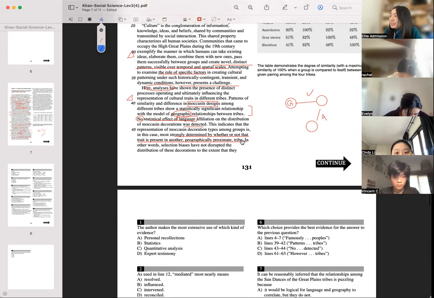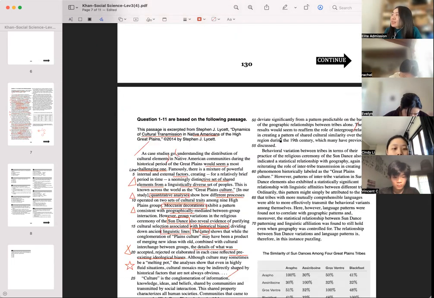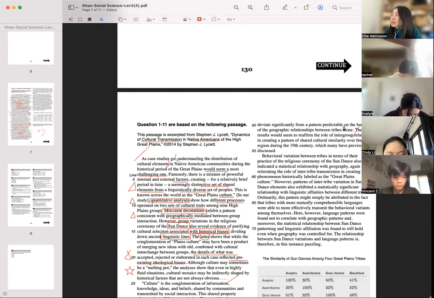What does that mean? Can you get the idea here?